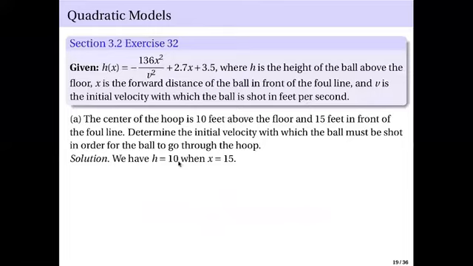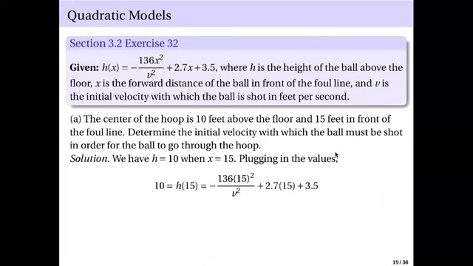So we have h equals 10 and x equals 15. You will have a value for h and a value for x. What's left in this equation is the variable v. Which means we just substitute, plugging in the values. You have 10 equals h of 15. So the value of h at x equals 15 is 10.